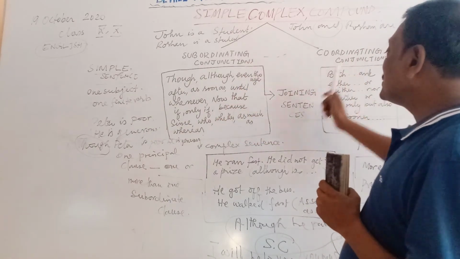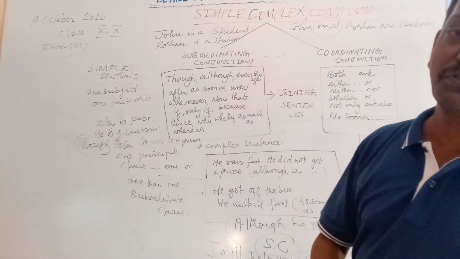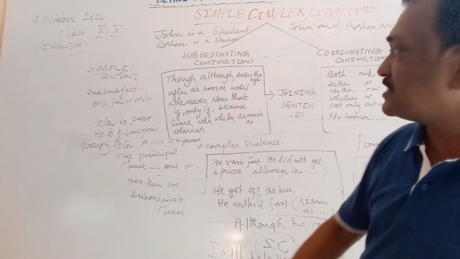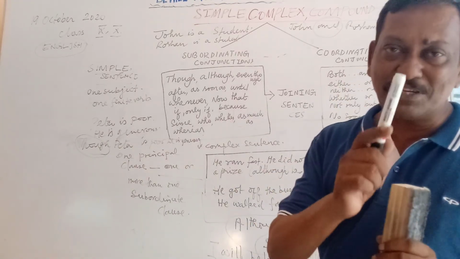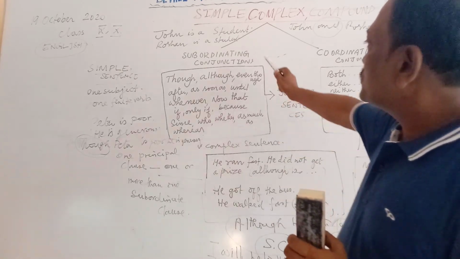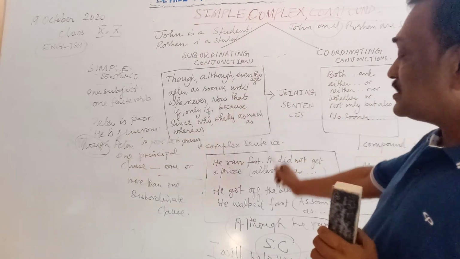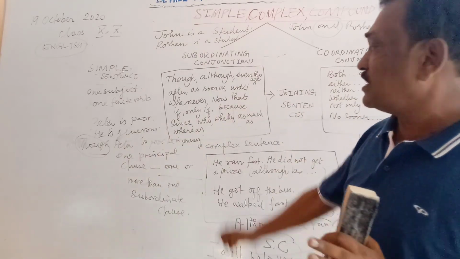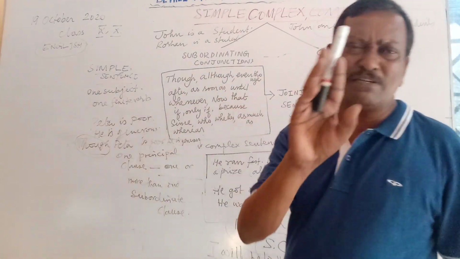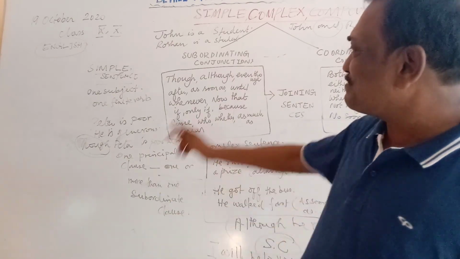And coordinating conjunctions are used to construct compound sentences, and that will be discussed on another day. So remember this: subordinating conjunctions, coordinating conjunctions, a complex sentence. So I hope you must have got at least a little bit of picture about this.